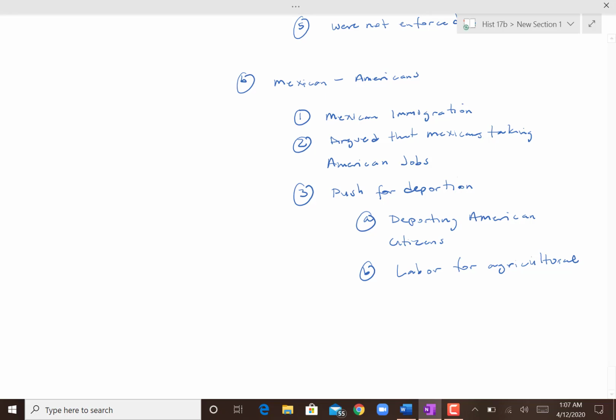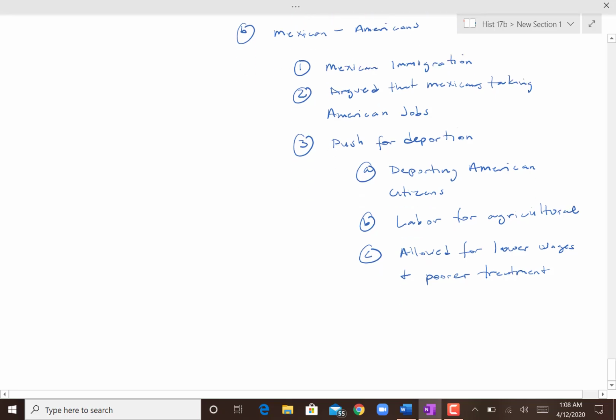And this allowed for worse payment, allowed for lower wages, and poor treatment, as well as general racism as a whole. And then you have specific racism because of this anti-immigration towards Mexican Americans, essentially being treated as Mexicans, as non-American citizens.